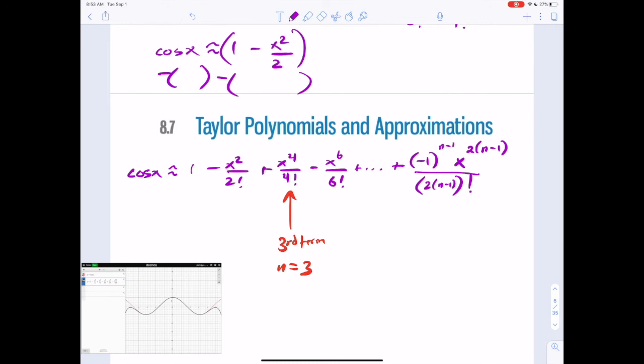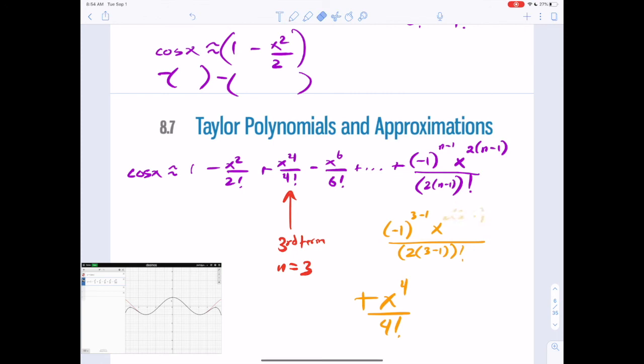Okay, so 3, oh actually no, if n was 3, that'll work. Let's take a look. Negative 1 to the 3 minus 1. That'll give me a positive, because negative 1 squared is positive. X to the 2 times 3 minus 1. 3 minus 1 is 2. 2 times 2 is 4, so that's x to the 4th power. And then down below, 2 times 3 minus 1. 3 minus 1 is 2. 2 times 2 is 4. 4 factorial, which is exactly what we want.